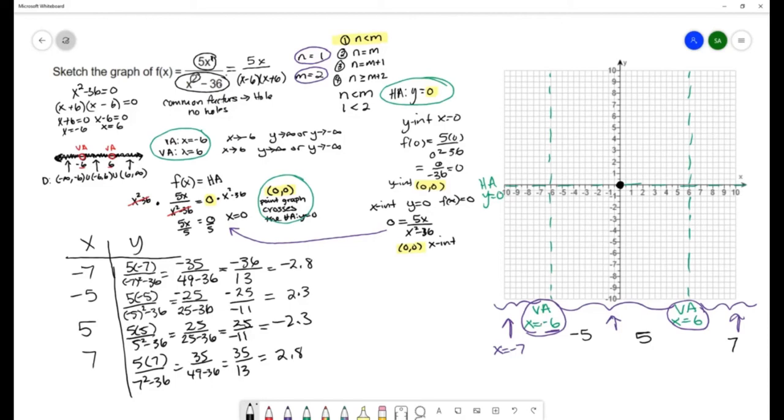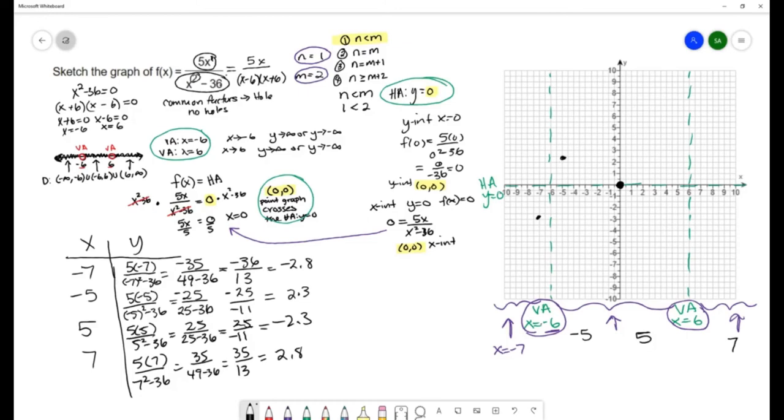So now we have some more ordered pairs, and this will help guide us on drawing the graph. We have (-7, -2.8), should be about right here. We have (-5, 2.3), should be about here.